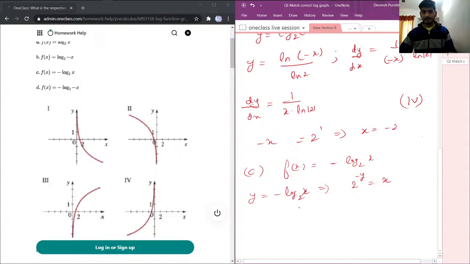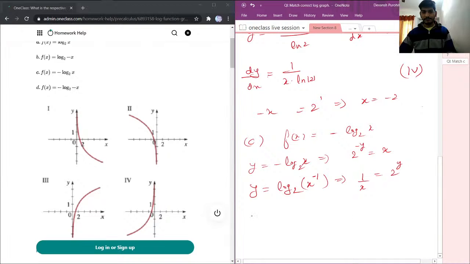Yep, can do it in this way. Now for taking derivative, let's just plug in the value for y. So when y is 1, 2 power minus 1 will be x, which implies x will be 1 over 2.